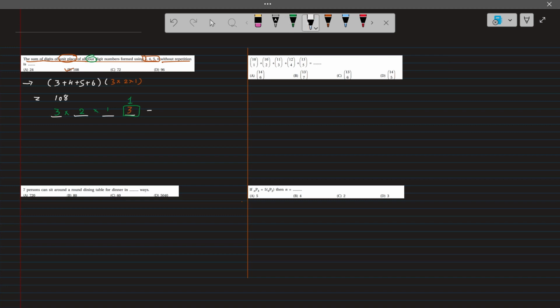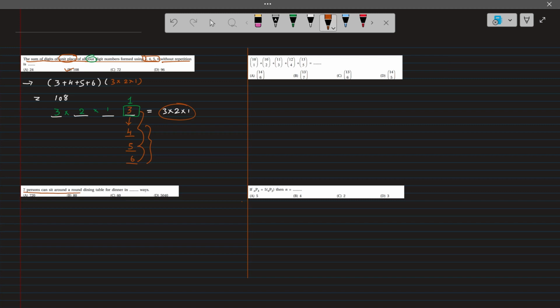So the total number of 4-digit numbers which can be created when 3 is placed at the unit digit will be 3 into 2 into 1. Same thing will happen when we keep 4 as our unit place, and similar thing will happen when we keep 5 and 6 as our unit place. Combining this, we can say the summation would be the summation of the unit digits into the total number of arrangements, that is 3 into 2 into 1.